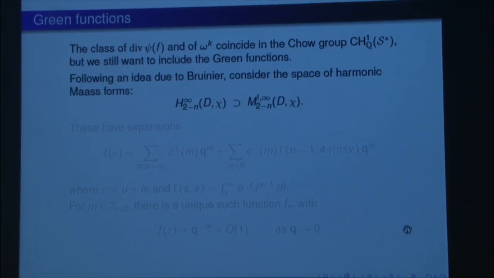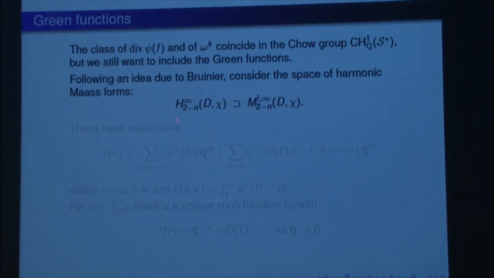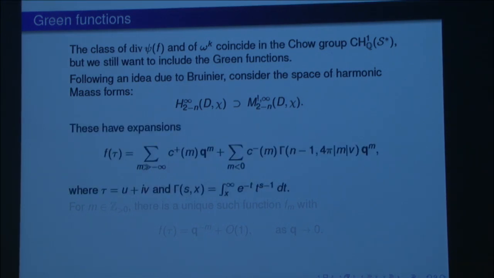So I'll just say very briefly, an idea of Bruinier was that instead of taking just weakly holomorphic things, you take weakly harmonic things. So you drop the holomorphic condition, do the same lifting, and you get these harmonic forms, this is the input. When you do the regularized theta lift of those guys, you get Green's functions for the cycle.